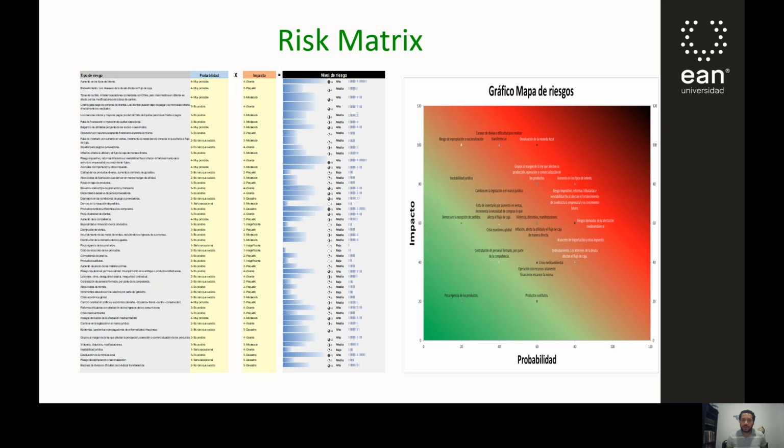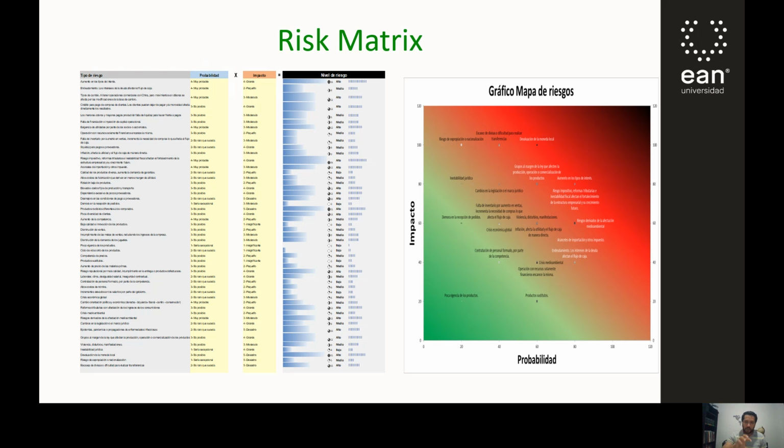Now we want to do an analysis of the risk. We will use a risk matrix of the company. We analyzed 50 different risks, the probability that each risk happens, and the impact of each risk.